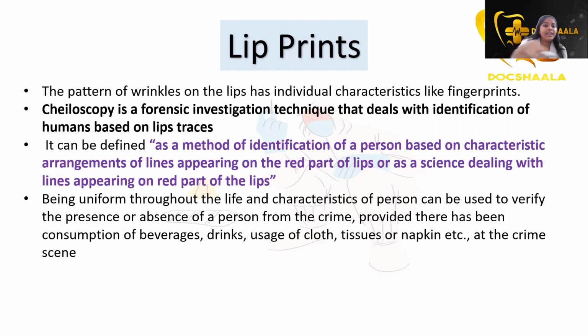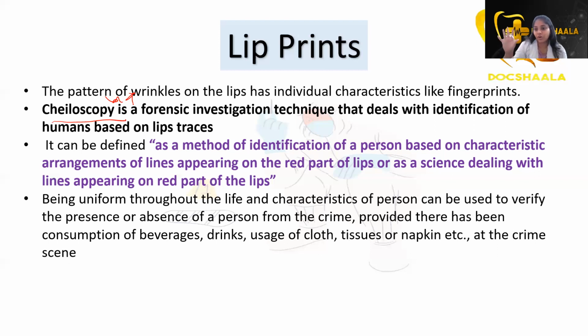Cheiloscopy is a forensic investigation technique that deals with the identification of humans based on lip traces. It can be defined as a method of identification of a person based on the characteristic arrangement of the lines appearing on the red part of the lips, or as the science dealing with the lines appearing on the red part of the lips. They are uniform throughout life, like our fingerprints.